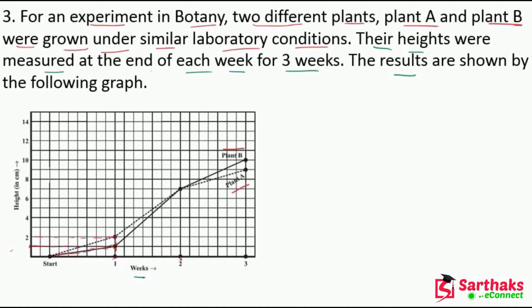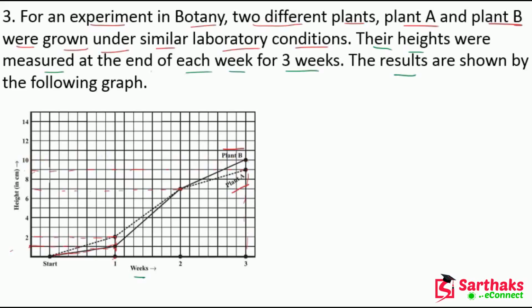Now at point 2, it means in the second week, the height of plant A and plant B is the same, which is 7 centimeter. And in the third week, the height of plant A is 9 centimeter, and the height of plant B is 10 centimeter.